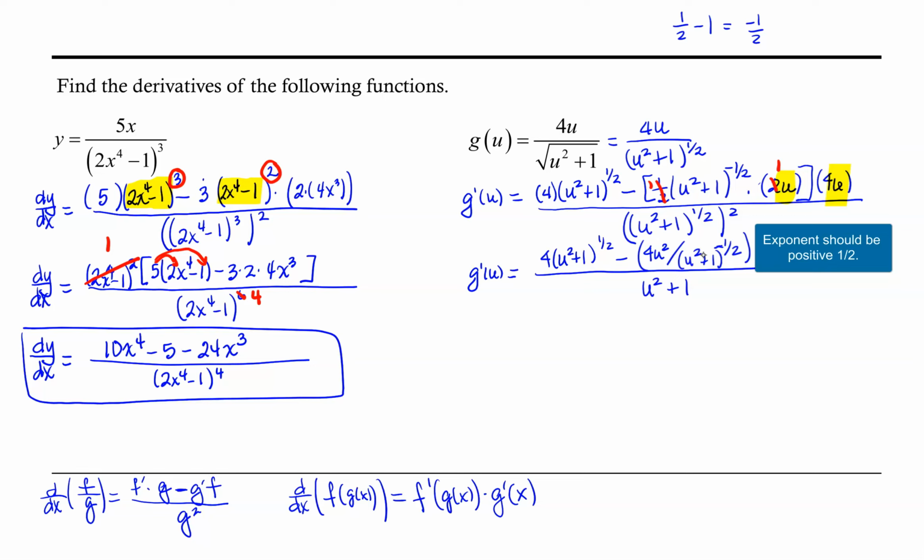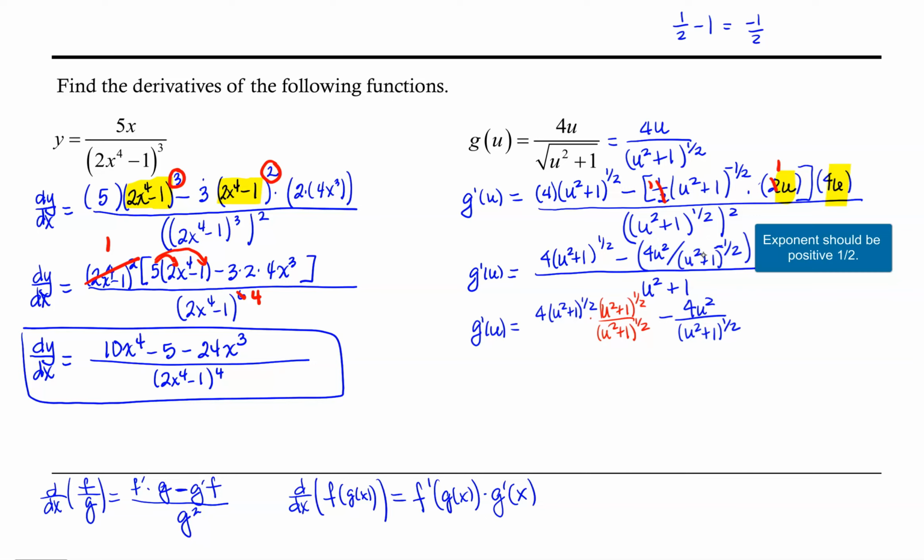So that would look like g prime of u equals, we're going to have 4 times u squared plus 1 to the 1/2 times u squared plus 1 to the 1/2 over u squared plus 1 to the 1/2 minus 4u squared over u squared plus 1 to the 1/2.